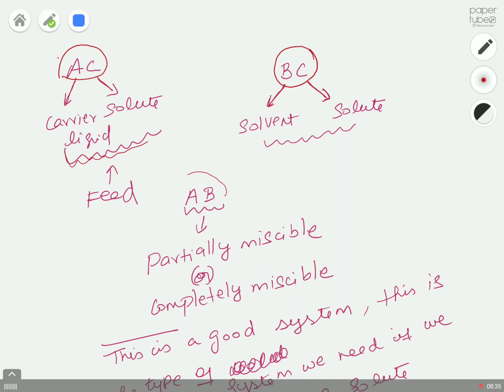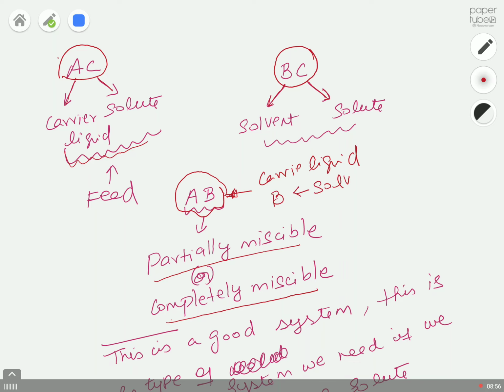And AB, the third binary mixture, can be partially miscible or completely miscible. A is your carrier liquid, B is your solvent. This should be partially immiscible, or maybe completely immiscible.